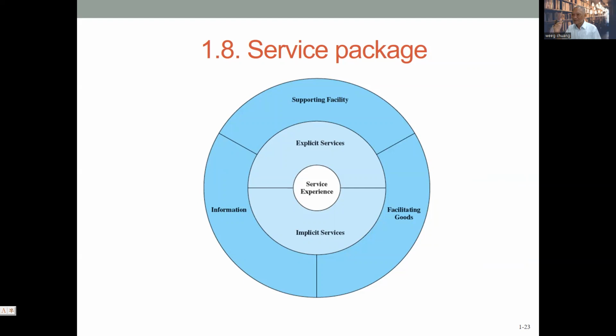Then it can be divided into explicit services and implicit services. And all these services are surrounded by supporting facilities, facilitating goods and information. And that's the whole system of service. We call this service packaging.